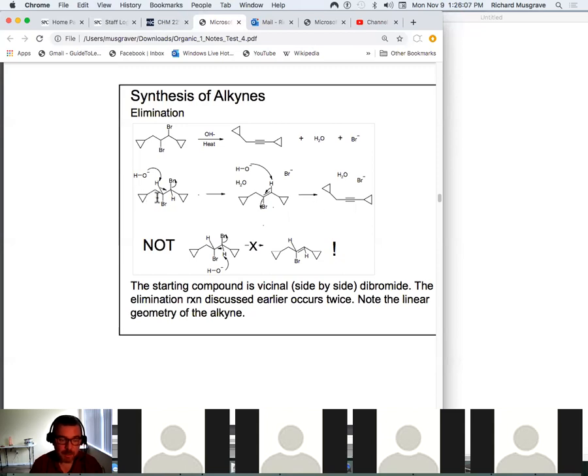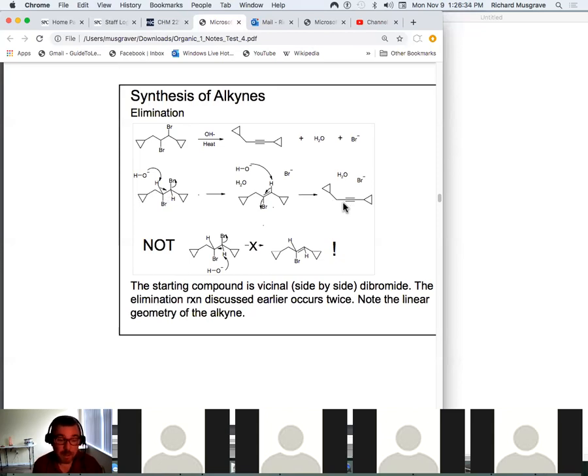Now, we've got to be a little bit careful about the way we do this mechanism, but it's the same kind of mechanism that I showed you on the previous example. So it's a side-by-side dibromide, also called a vicinal dibromide. The elimination reaction occurs twice, and then you end up with this alkyne, which has this linear geometry I talked about earlier. Does anybody have any questions?